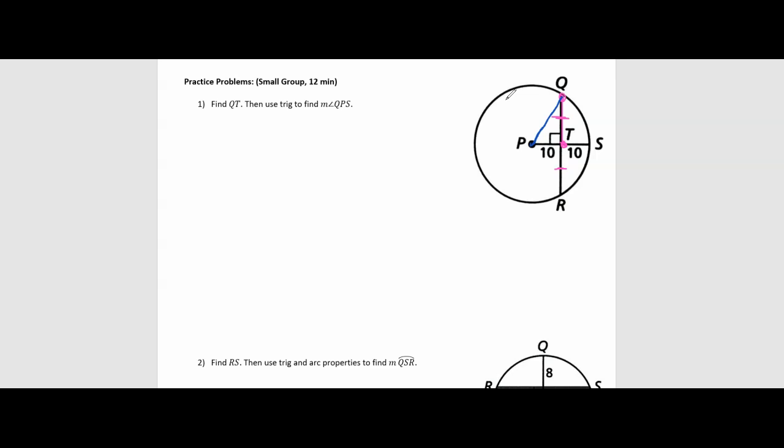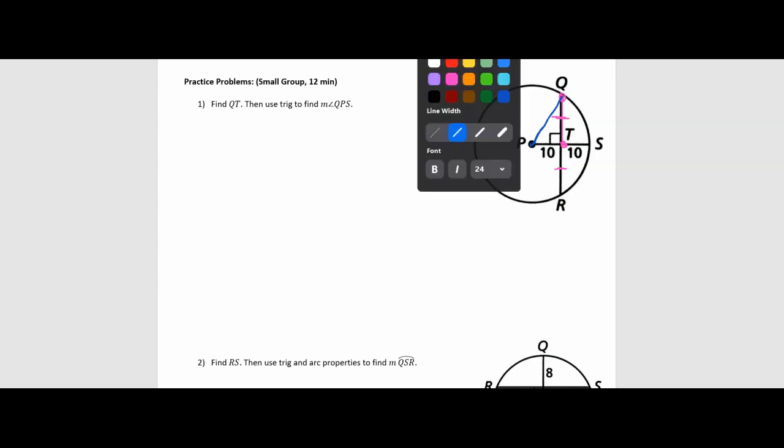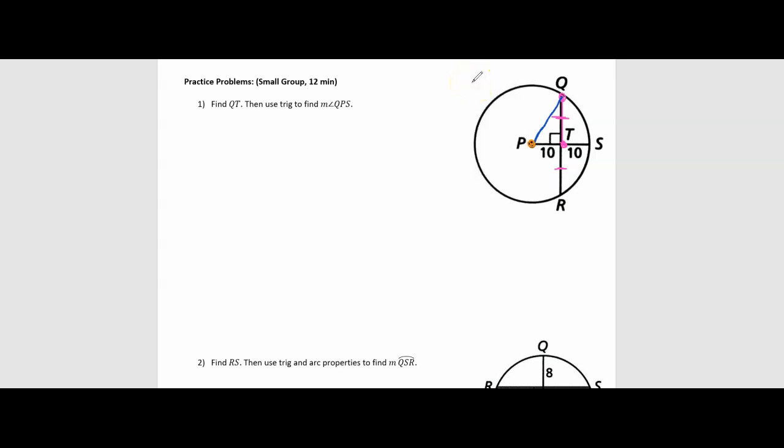Okay, so the blue segment is a radius, and PS is a radius, right? Both of these segments are radii. Well, if they're both radii, they both have to have the same length, which is going to be 20. And now I know 2 parts of this orange triangle.